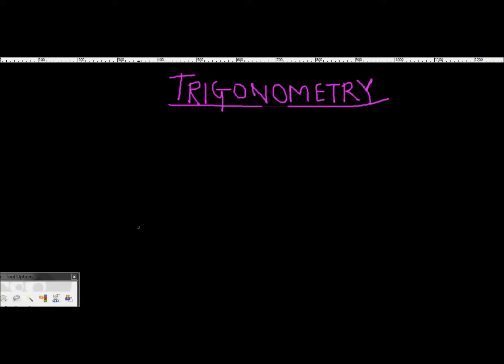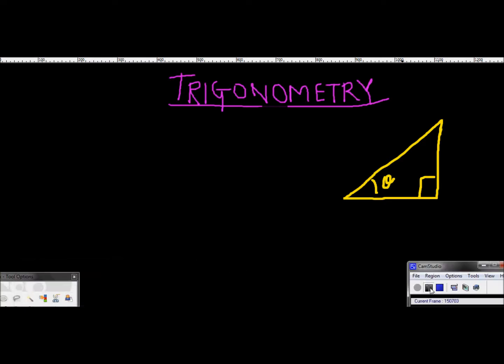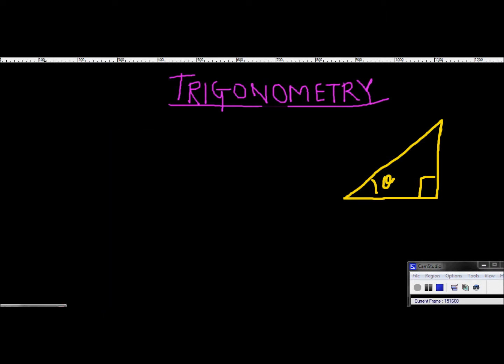Now I'm just going to be doing one more basic problem. Now guys, if this is your theta, this is your 90, and this is again a notation of 90.